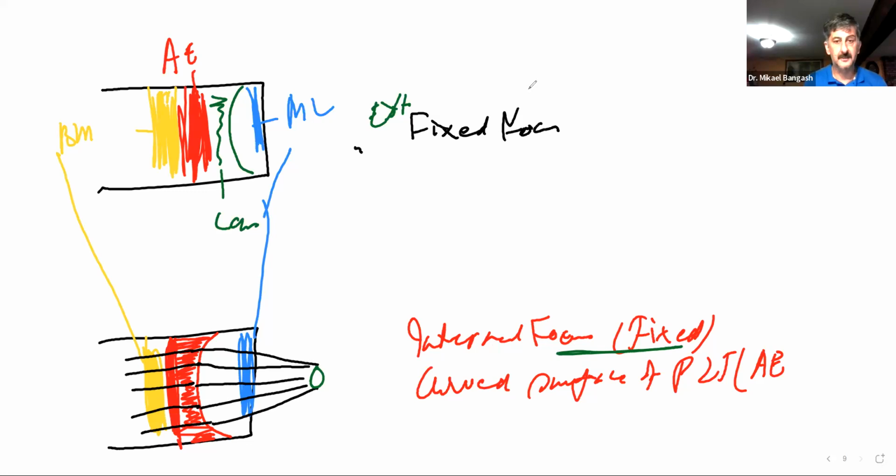So the main difference between internal focusing versus external focusing is that in internal focusing, the surface of the PZT itself is going to be curved.